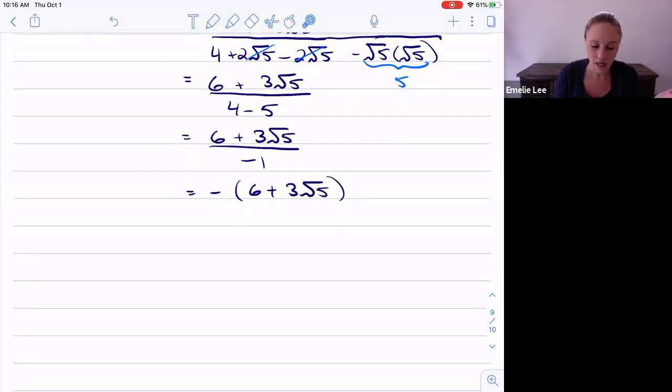It doesn't matter. Maybe we'll just leave it outside. Makes it look nicer. Otherwise, it'd be negative 6 minus 3 root 5. Cool. So now we don't have a radical in the denominator anymore.